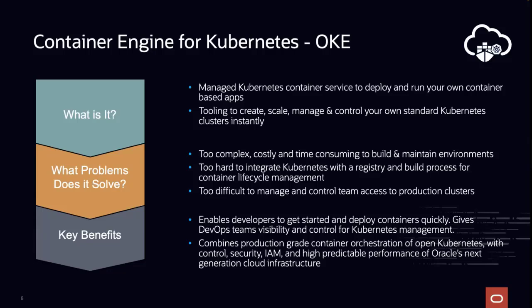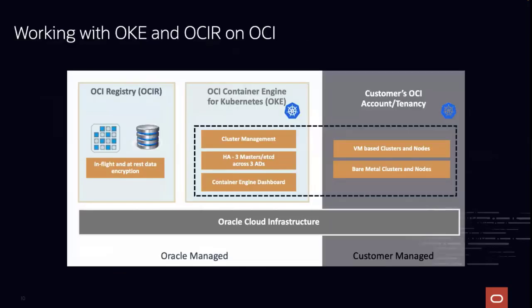You would also like to build production grade systems, so you want an orchestration platform to develop and build them, for which you definitely need very good security and access control mechanisms. With the help of Identity and Access Management, you'll be able to manage all of these instances and provide the right amount of access to each user without any hassle. Let's dive a little bit more into what OCIR is and what OKE is, right?